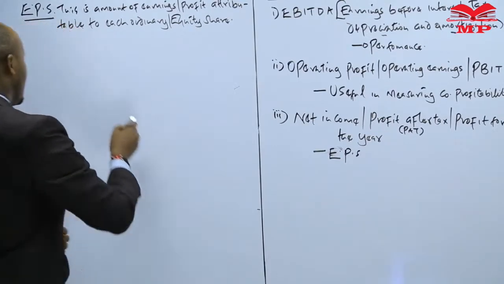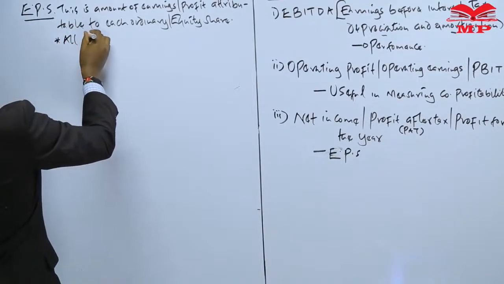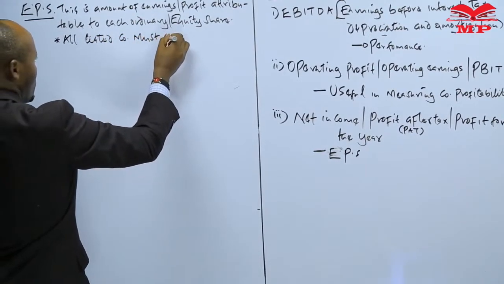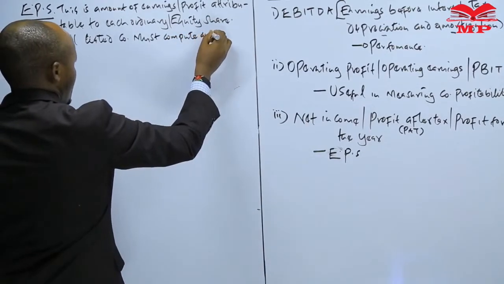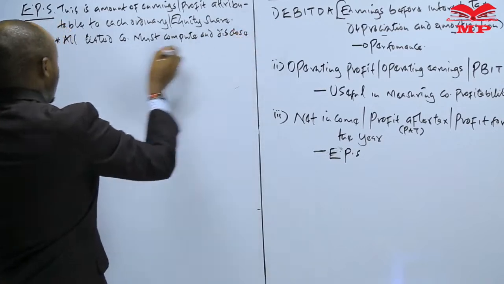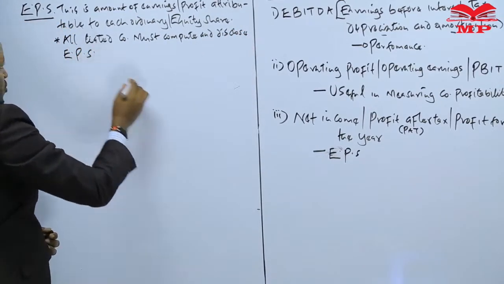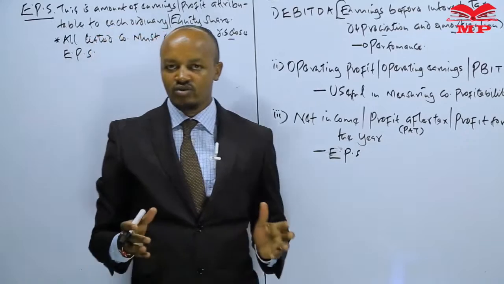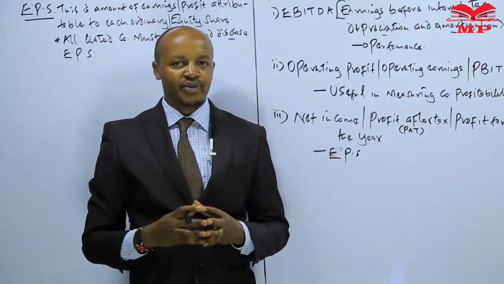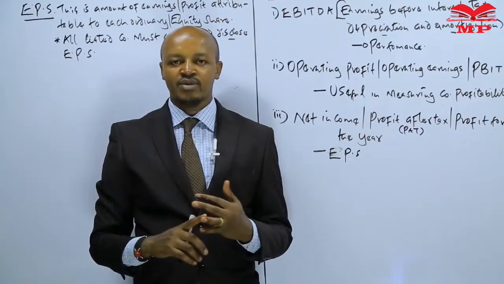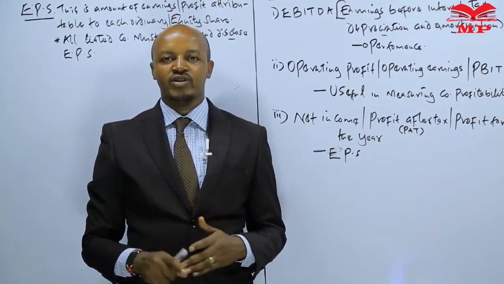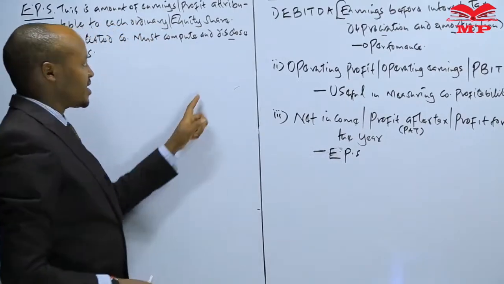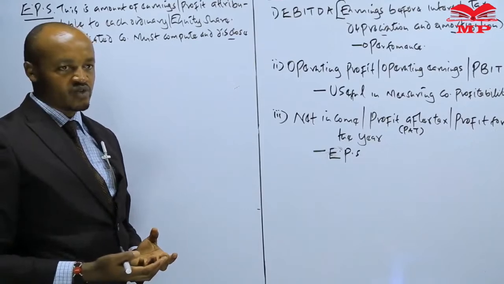When we talk about disclosing, remember that in the lower level of financial accounting you looked at the five components of the financial statements: the income statement, statement of financial position, statement of changes in equity, statement of cash flow, and the notes. The earning per share computed by the company has to be disclosed as part of the notes to the financial statements.